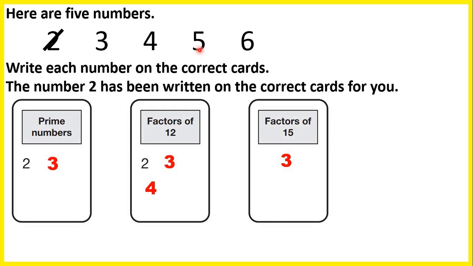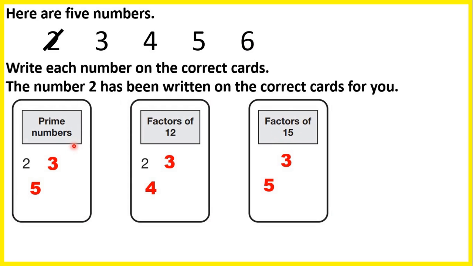So now let's look at the number 5. That's a prime number because it's only in the 1 and 5 times table. It's not a factor of 12 because 12 is not in the 5 times table. But 15 is in the 5 times table, so 5 is a factor of 15.